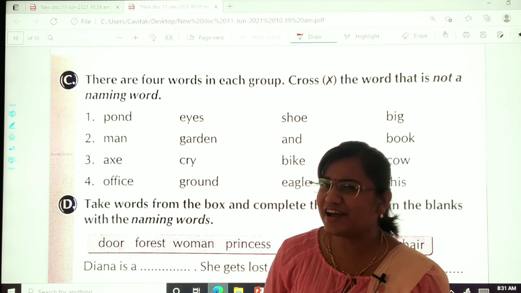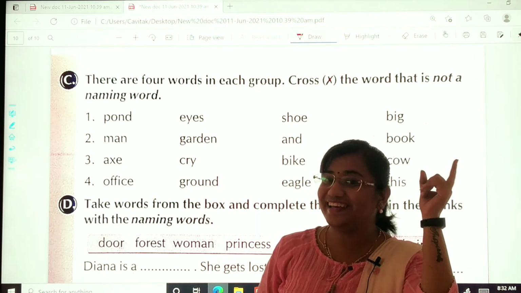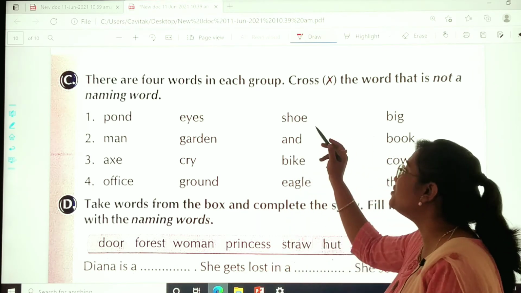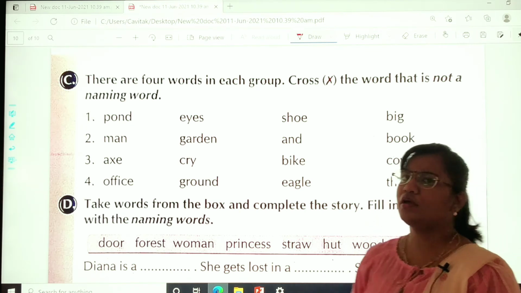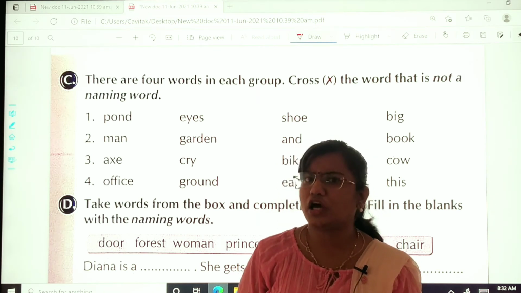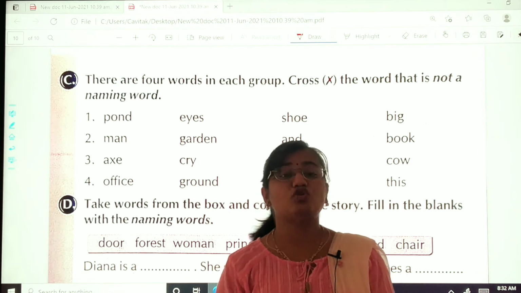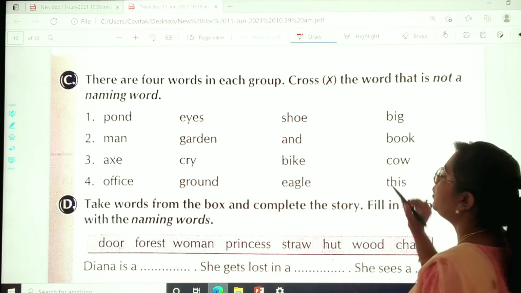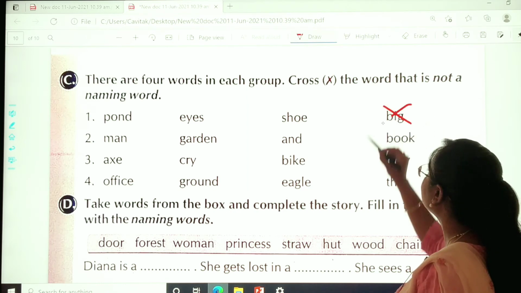Do you remember our story? Different uses of the shoes. Recall it. Very good. So, shoe is also a naming word. Big. Dear children, big is not a naming word. Big किसी चीज का नाम है, वो तो किसी की quality होती है. Right? So, big is not a naming word. So, we will cross it.